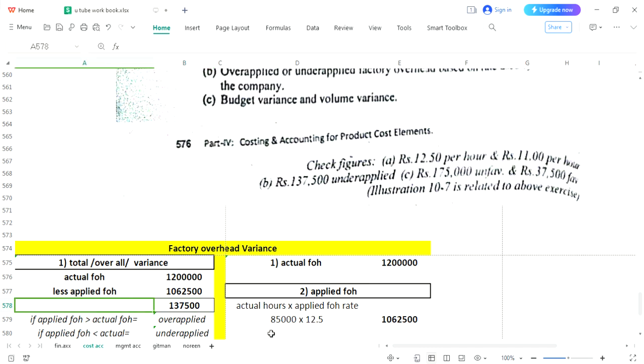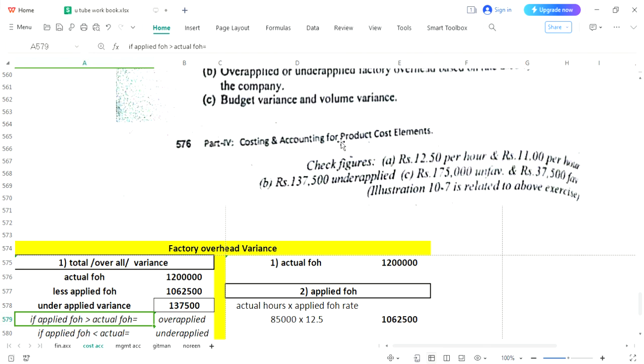It's time to conclude by focusing upon applied FH. Applied was 10, actual was 12. It means applied was less. Whenever applied is less than actual, it would be called under applied variance. 137,500.